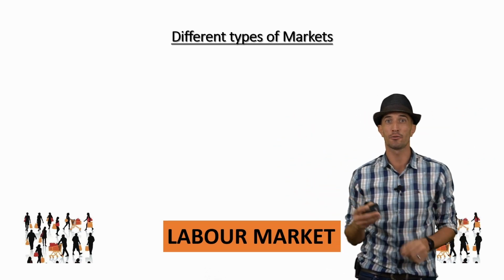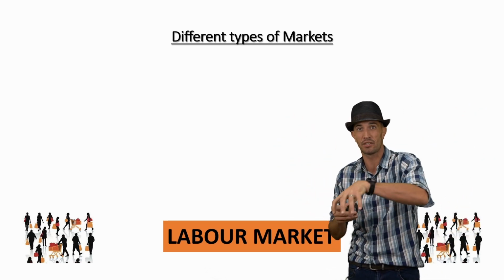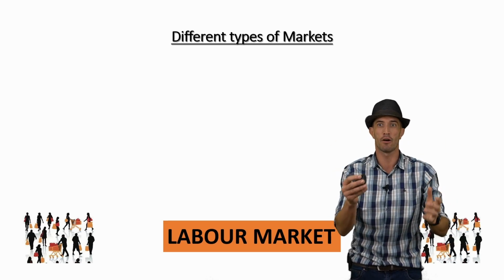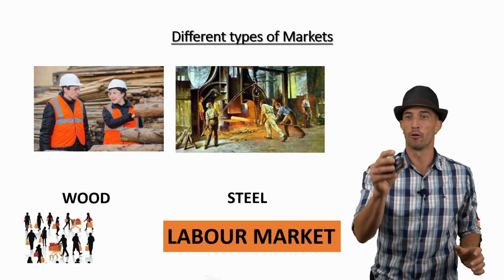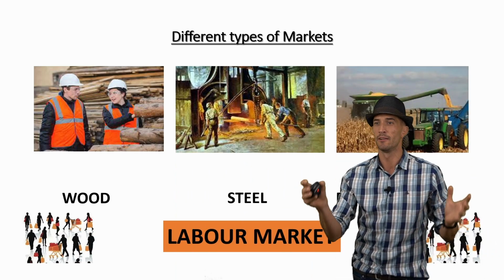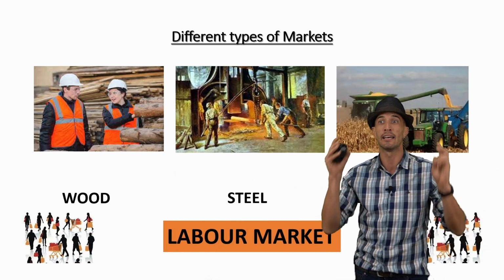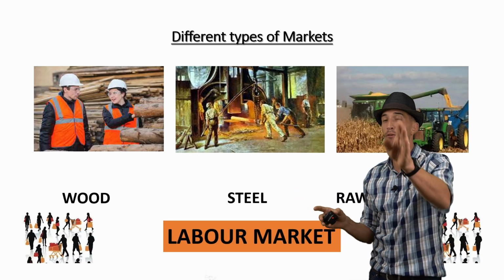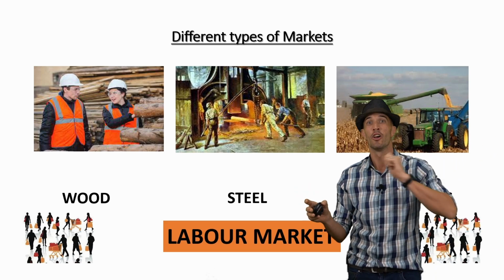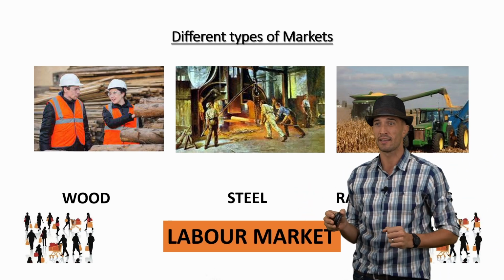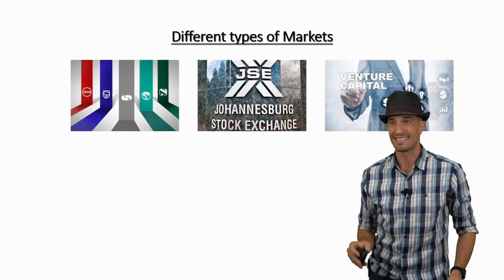But if you read a newspaper article that this business needs this position and you apply for it, that's a market. For the laborers of wood, of steel, of raw materials, they will find their laborers in different places, either online where they advertise or through Labor Corps where they provide laborers that have specific skills.